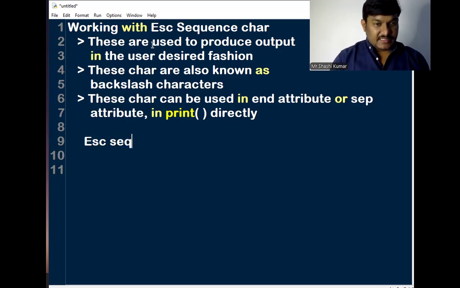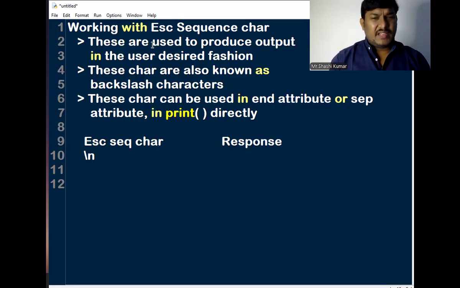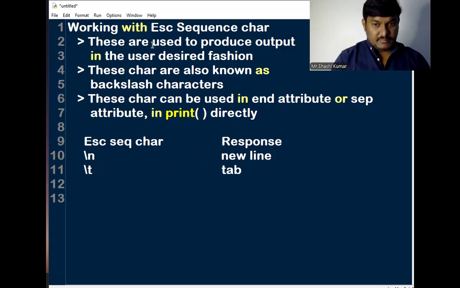Escape sequence characters and their response. So \n means new line. Next one, \t is tab space. \b is backspace.